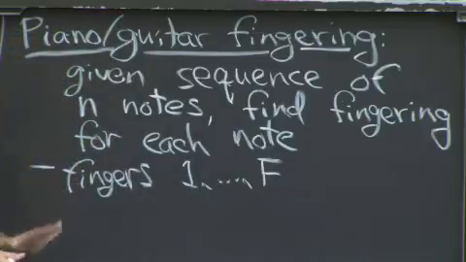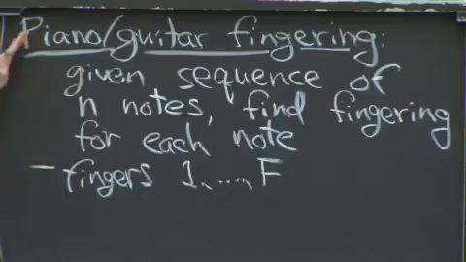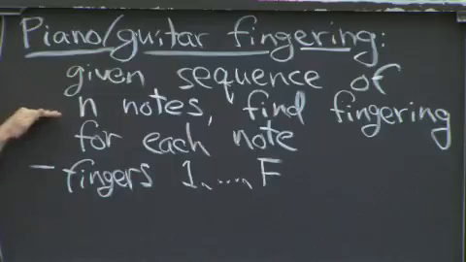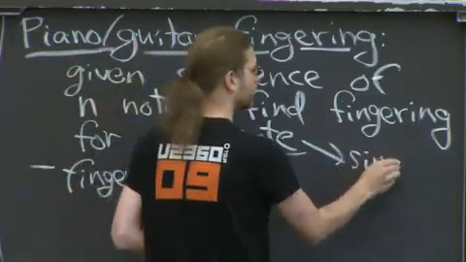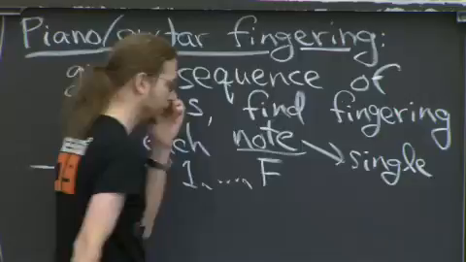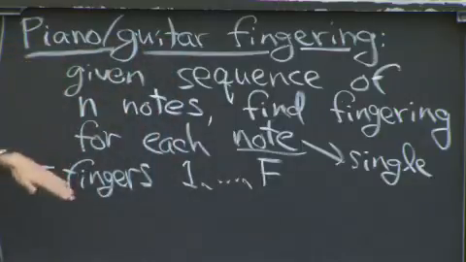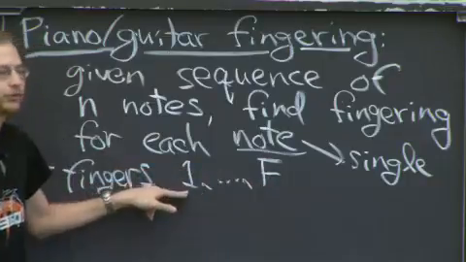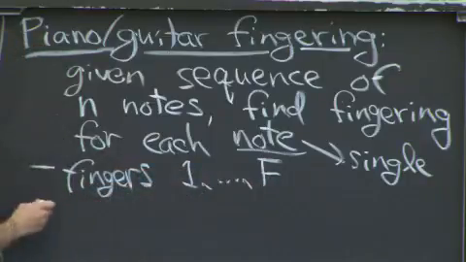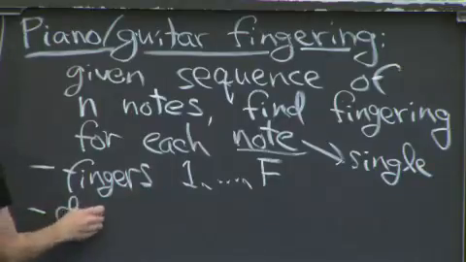To keep it simple, let's think about piano, right hand only, playing one note at a time. We're going to make it more complicated later, but let's just think of a note as a single note. Or you can think of guitar, single note, left hand playing things. You want to assign one of these fingers to each note, and then you have a difficulty measure.